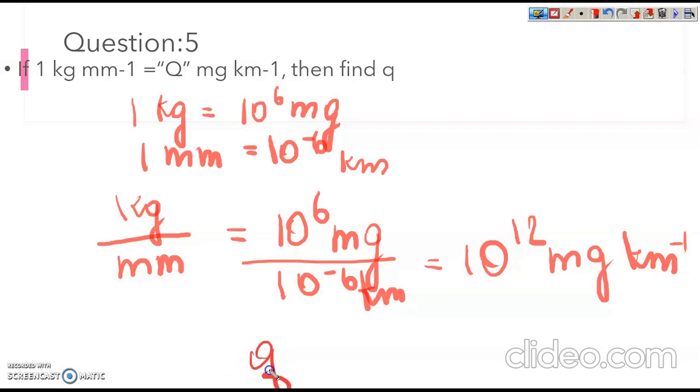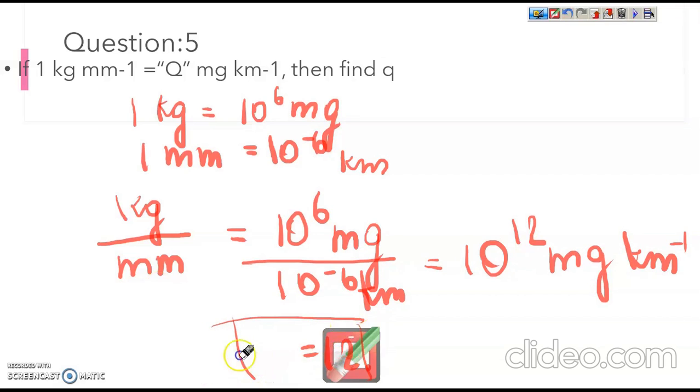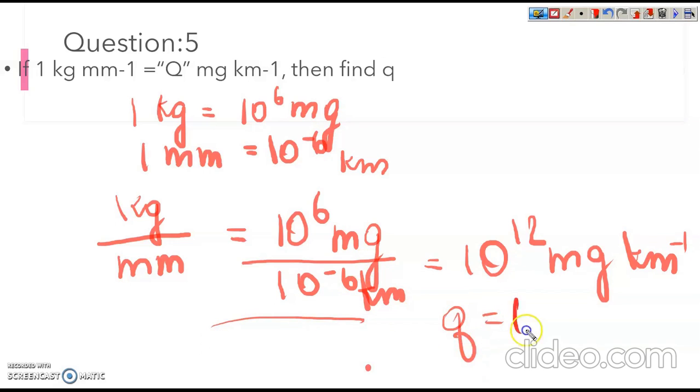So we got that Q is 12. This was a little bit hard. I hope you got it. And here we found that Q is 12. Our final answer is 12. This was a little bit hard, but I hope you understood.